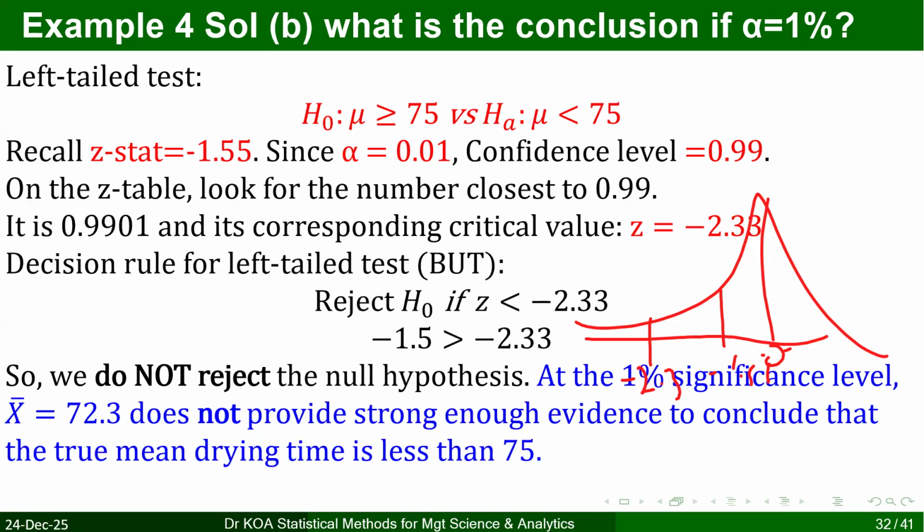In other words, the 72 is below the 75, which means that we accept the null or we don't reject the null hypothesis. And therefore, we do not reject the null hypothesis, and therefore we reject the alternative hypothesis. If you don't understand, ask.